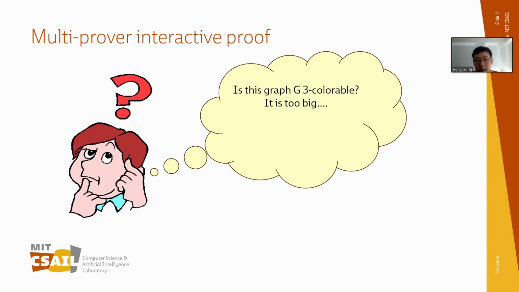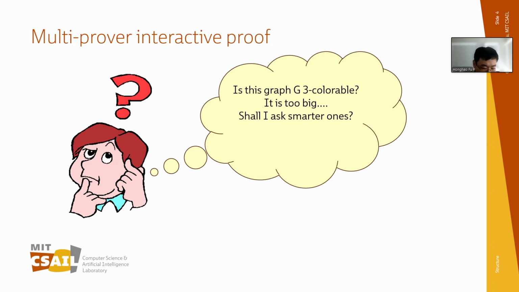A natural choice is to ask someone who is smarter than me for some help. However, this graph is exponentially large. Then even if they give me the entire coloring of the graph, I cannot go through the proof without losing track. So instead, I'm going to ask them questions to let them convince me that this graph is three-colorable.